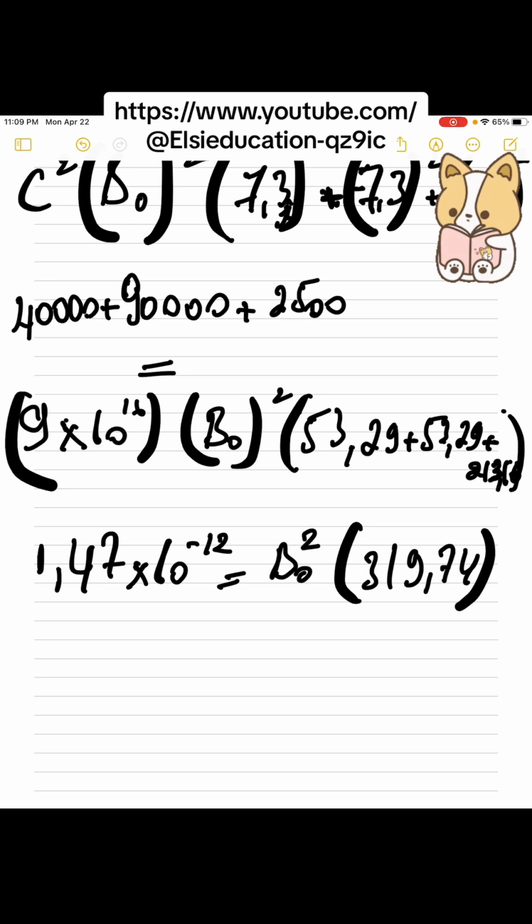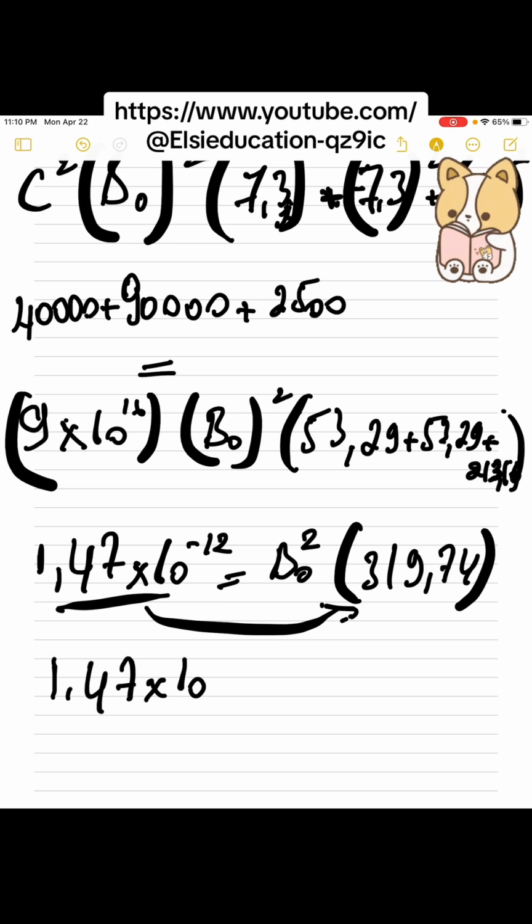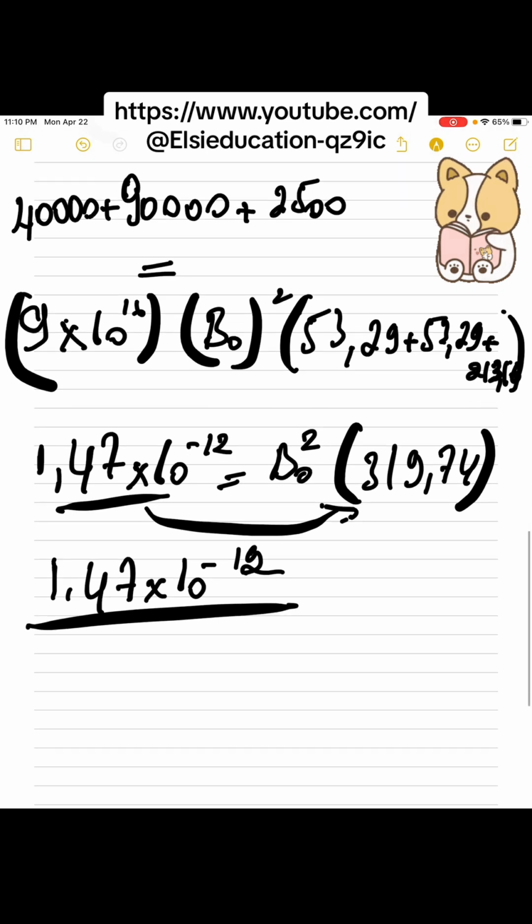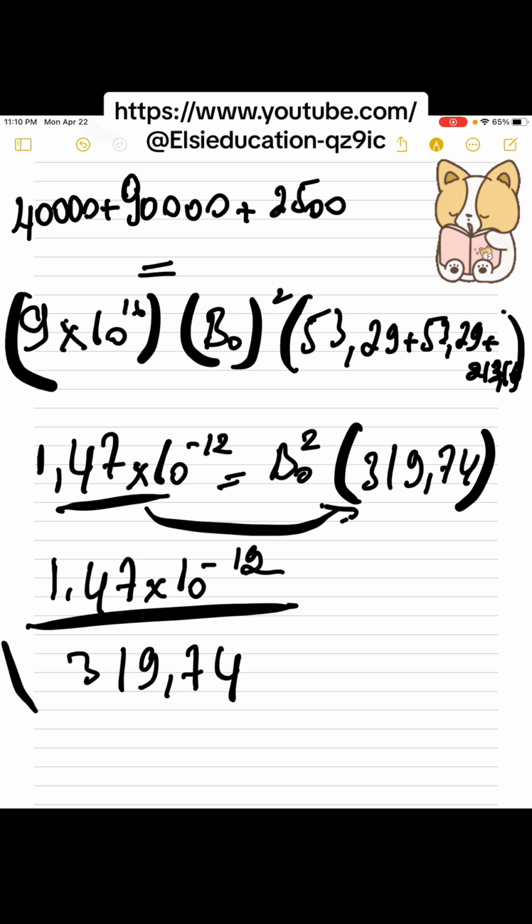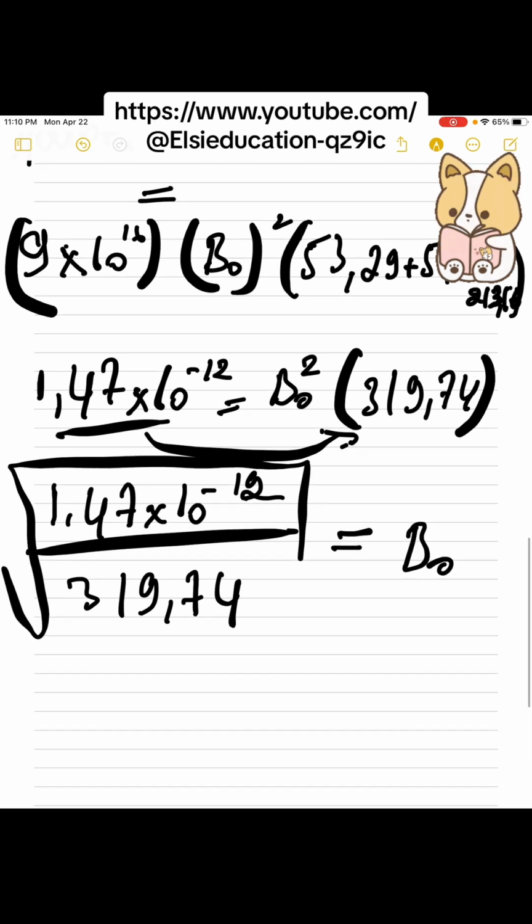We divide 1.47 times 10 to the minus 12 by 319.74, and the square root is B initial.